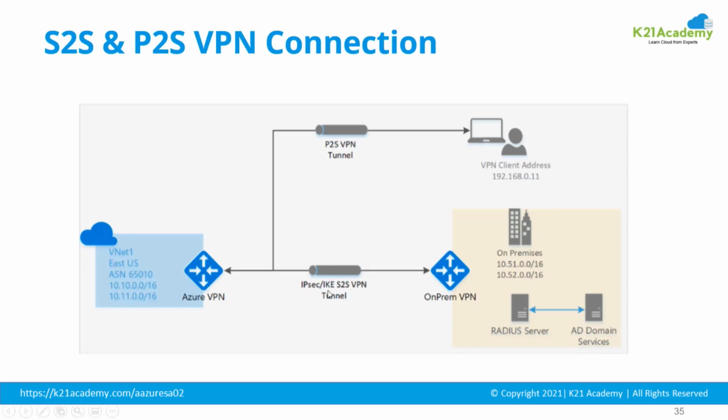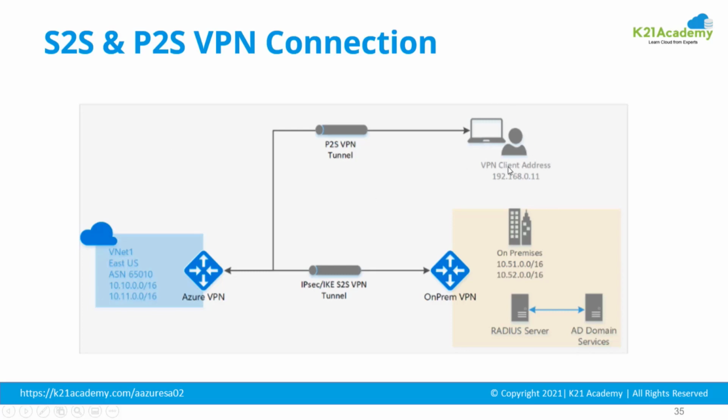So that's what we call site to site. This is a customer site. This is the Azure site to site connection, IPsec VPN. Now, in this diagram someone might ask about the RADIUS server. It's for authentication, authorization and identity. So you can integrate this on-premise VPN with your RADIUS server for identity management or for login for Active Directory. Again, we are not going into that here. So that's my site to site.